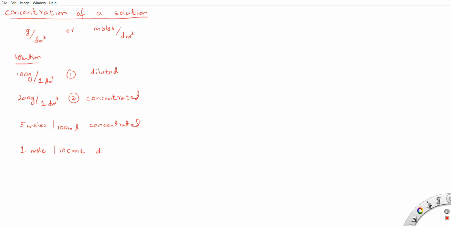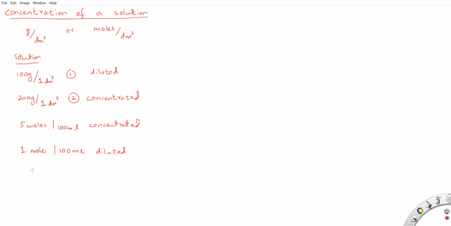This becomes a diluted solution. So what we need to understand clearly is that knowledge of concentration is very important when we are talking about stoichiometric calculations. In chemistry, we would be discussing two different techniques or two different formulas to calculate the concentration of a solution.